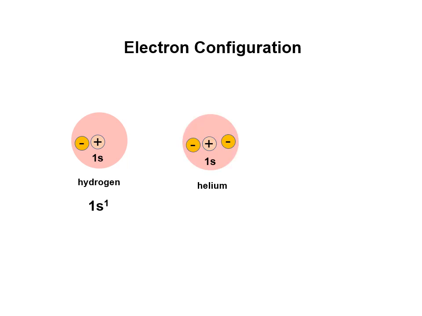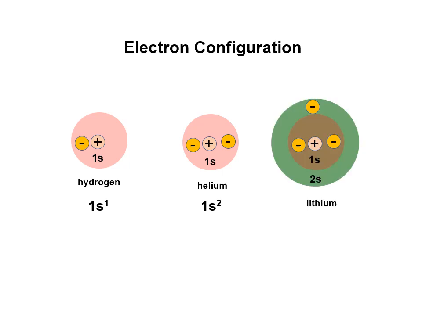Helium has two electrons, and both of those electrons are in the 1s, so its electron configuration is 1s2. Lithium has three electrons. Two of those electrons are in the 1s, but remember that the 1s only holds two electrons, so the third electron of lithium has to go in the 2s.